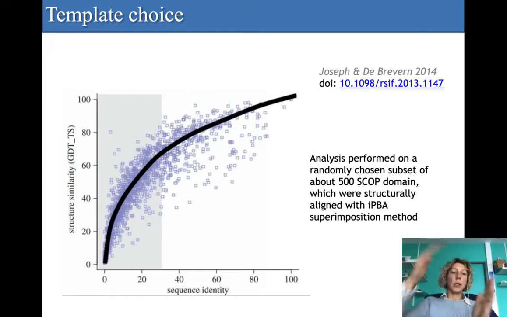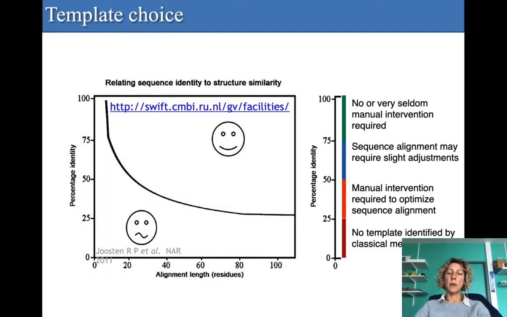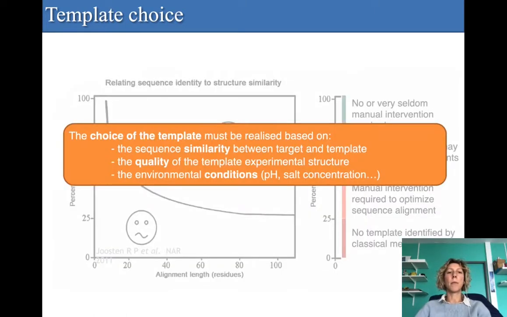So there is a good correlation between sequence identity and structural similarity. But below 30, you can really have drastic changes, great variability. Okay, so the main message is you shouldn't go below 30. If you are below 30, it will require manual adjustment of the alignments.